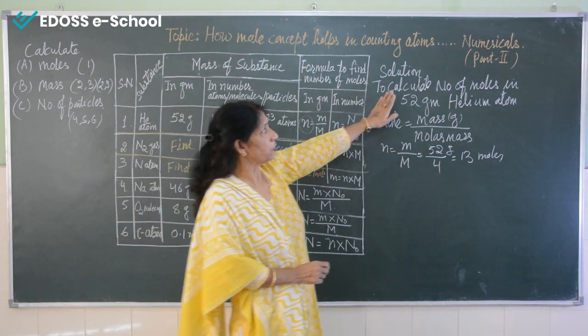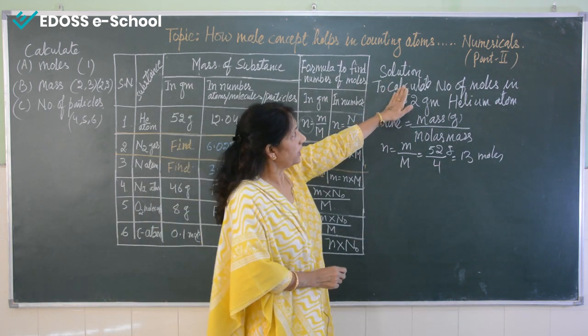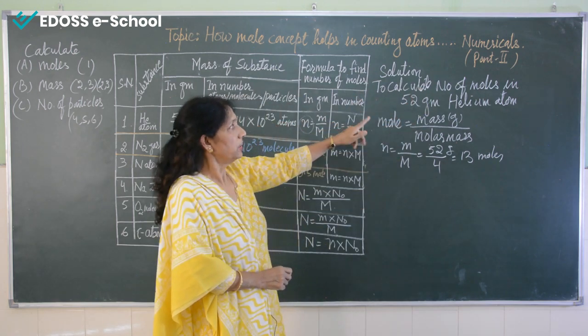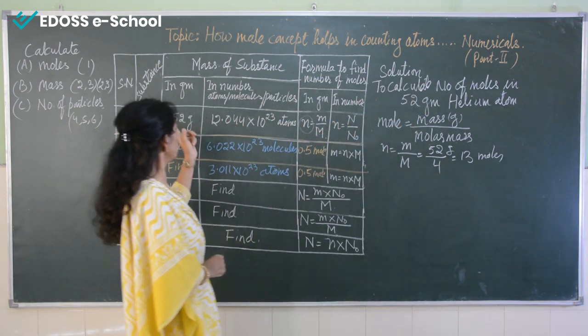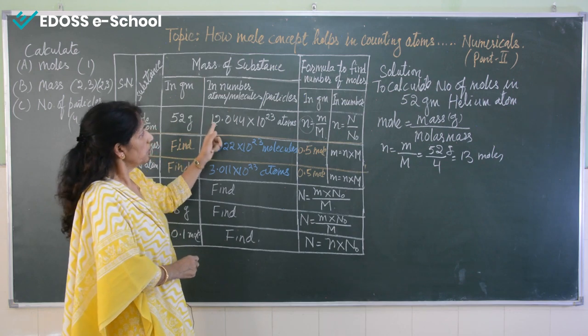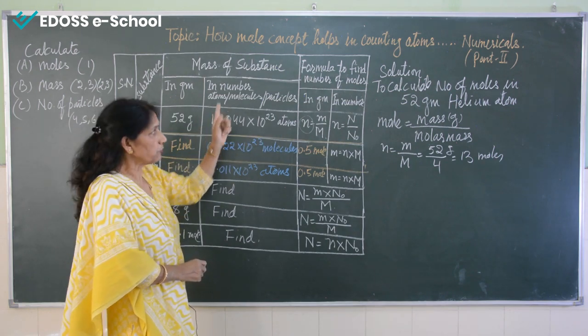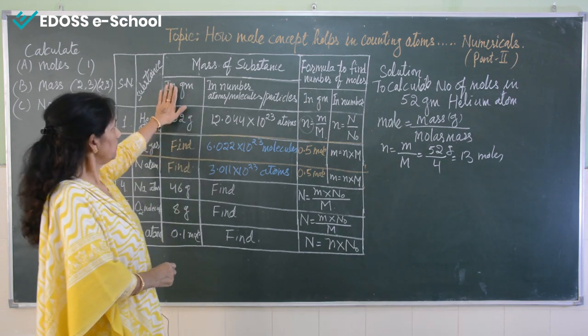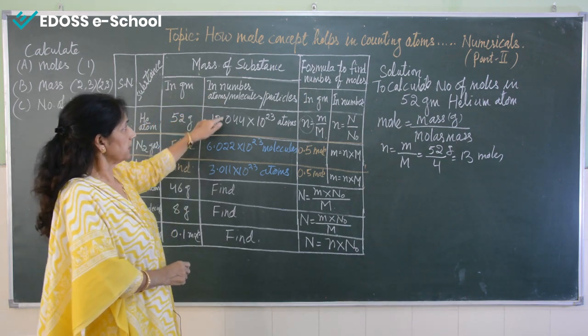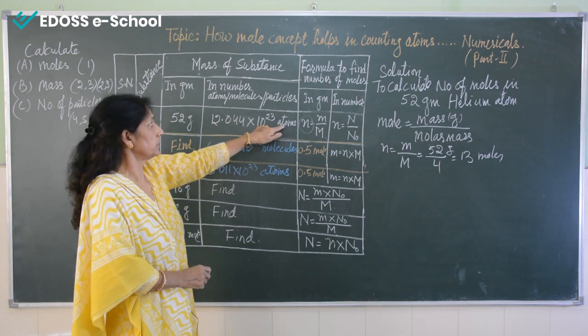Now in the same question, if we have to calculate the number of moles, but in place of 52 gram of helium atom we have this much number of atoms. Same question, but here in place of gram we are given the number of atoms.